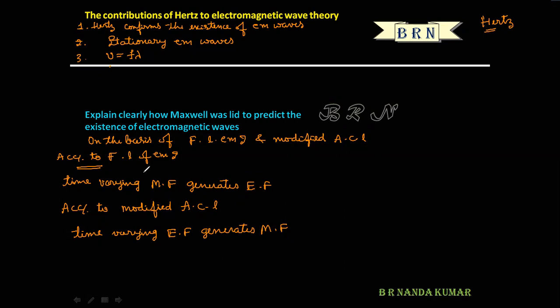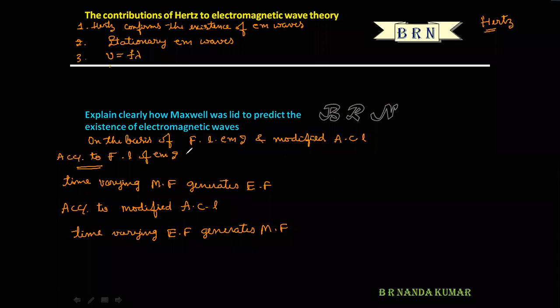Okay, so it means electricity and magnetism are almost symmetrical. According to Faraday's law of electromagnetic induction, the time varying magnetic field generates the electric field. According to the modified Ampere's circuital law, the time varying electric field generates the magnetic field. So that means electricity and magnetism are symmetrical.